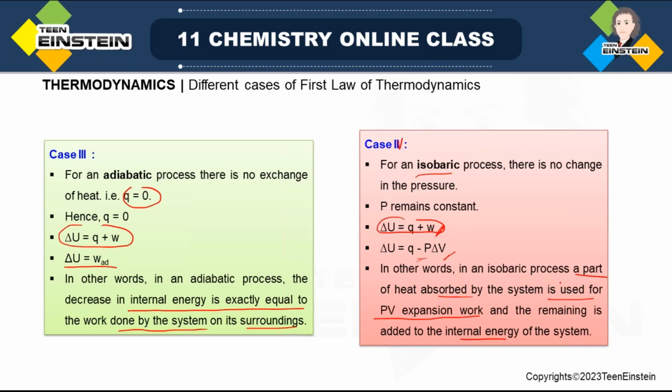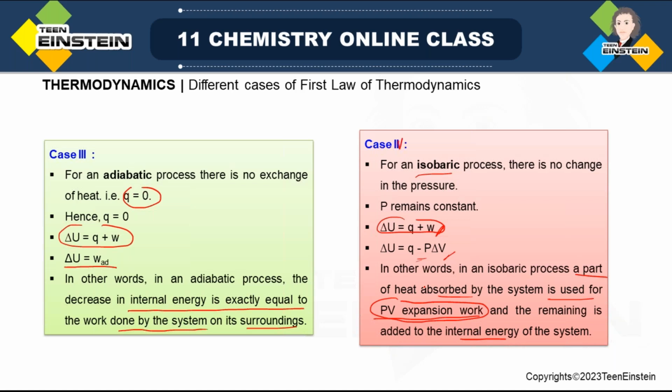So the part of heat absorbed by the system is used for two purposes. One purpose is to do some expansion type of work, that is PV work, and the remaining is added to the internal energy of the system. So here, as we are considering expansion work, that means work is done by the system. So that is why there is a negative sign. If you consider compression work, then the sign will be different.